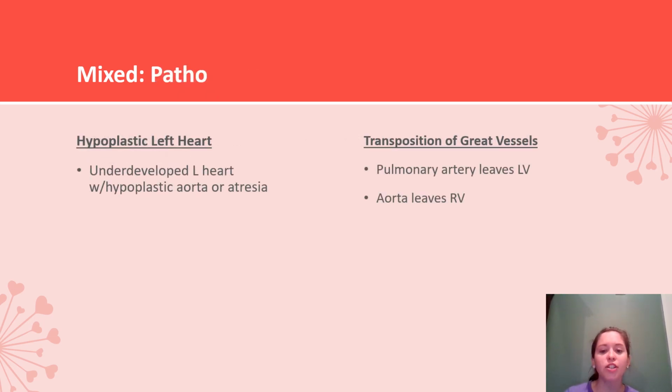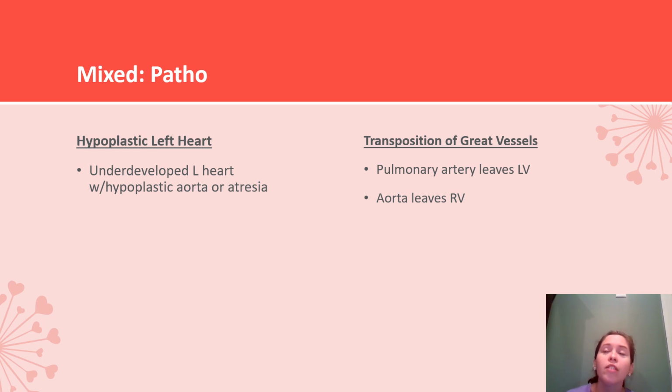So the two defects are transposition of the great vessels and hypoplastic left heart. With hypoplastic left heart, if you look at the name, hypo means under, and plastic means developed, and those are Latin stems. So underdeveloped left heart. That means the left side of the heart, the left ventricle specifically, is very, very small.